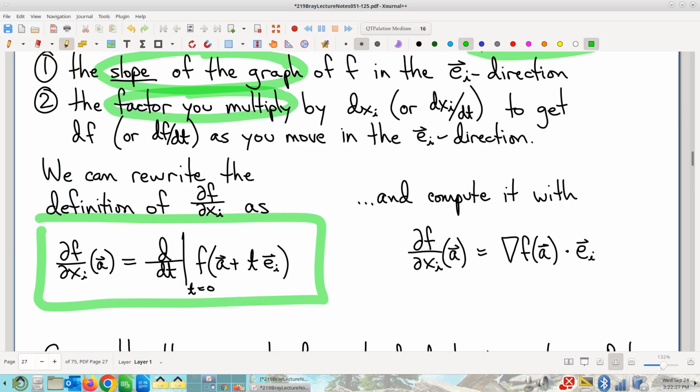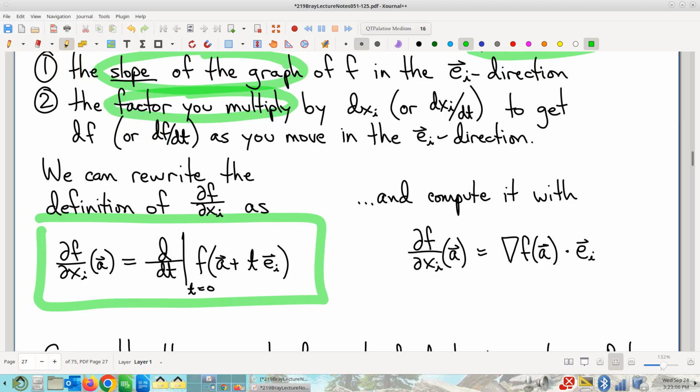If you make a parametric line starting at the point A, moving with velocity being a standard basis vector, and then you look at the values of the function as you start at that point A and move, and you ask how fast the values of the function are changing, by taking the derivative with respect to time. Keep in mind, time indicates your movement along this parametric line. It turns out what you get is exactly the partial derivative.